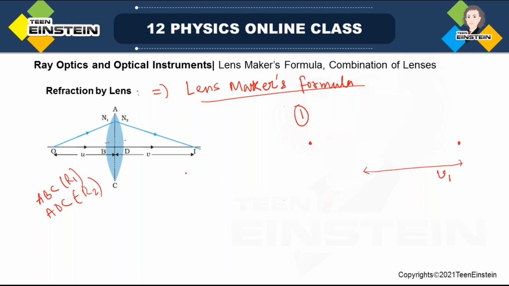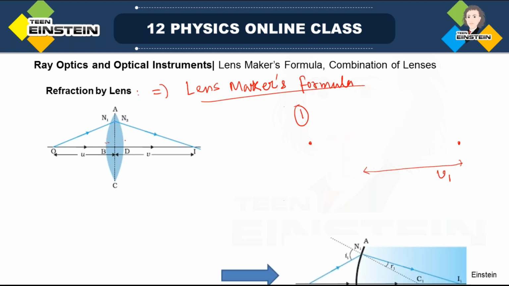To derive this lens maker's formula, which relates the radius of curvature, refractive indices, image distance, object distance, and also the focal length, we can think of the image formation in this lens as a two-step process. What is the first step?